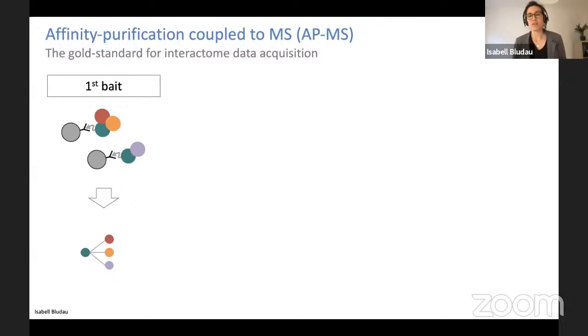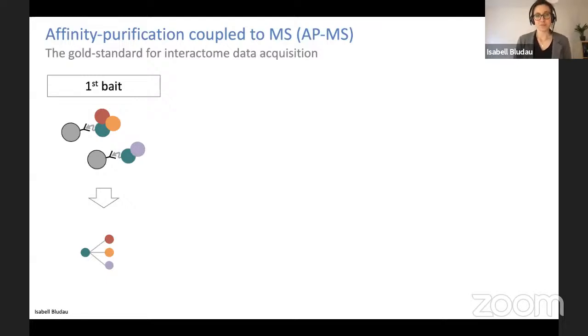So to start off, I'd like to give a simple introduction of how protein complexes are commonly analyzed in mass spectrometry. The gold standard to do this is affinity purification coupled to mass spectrometry, or short APMS.